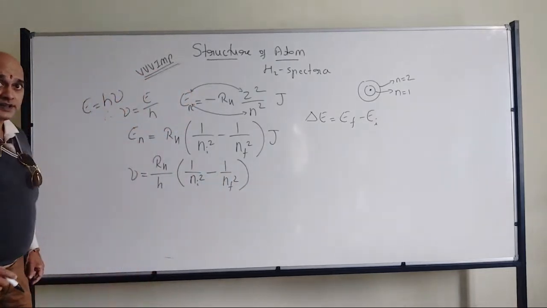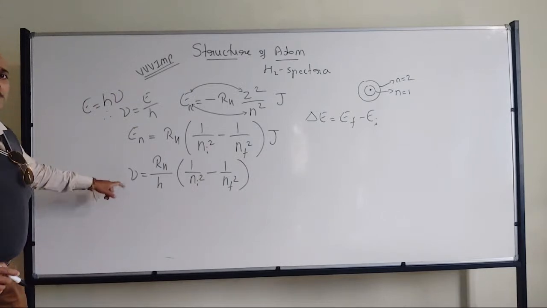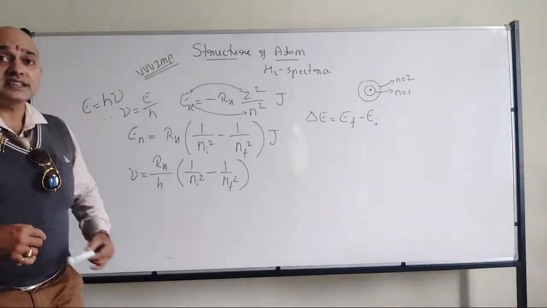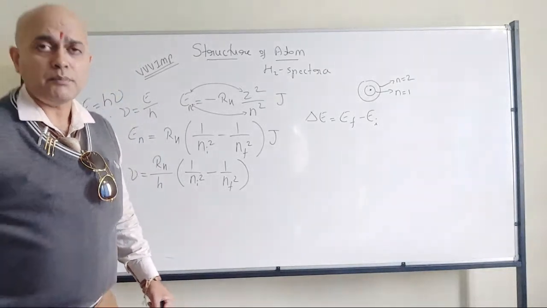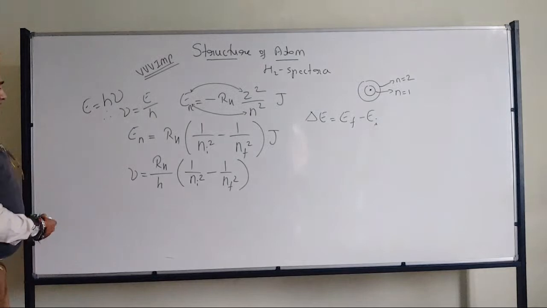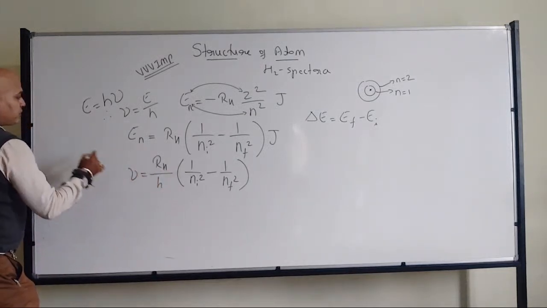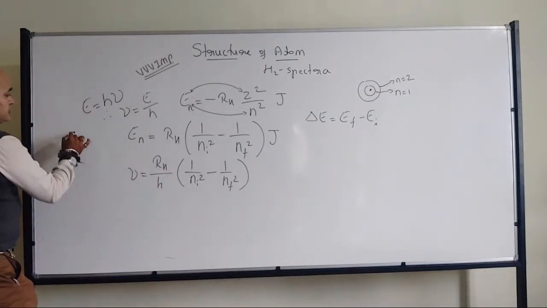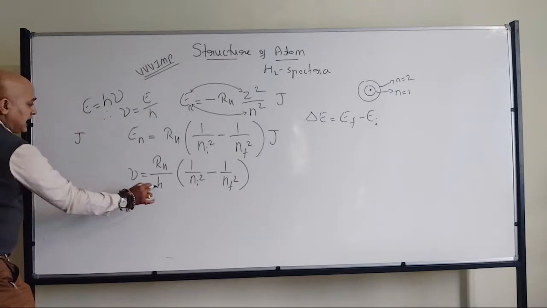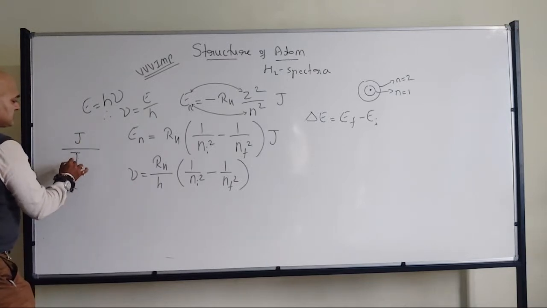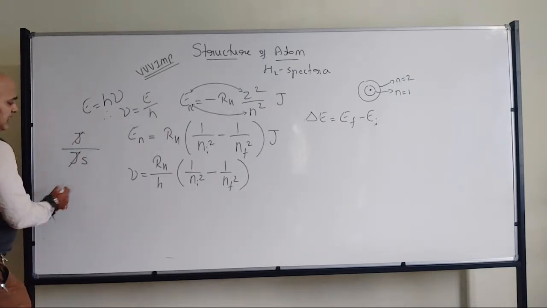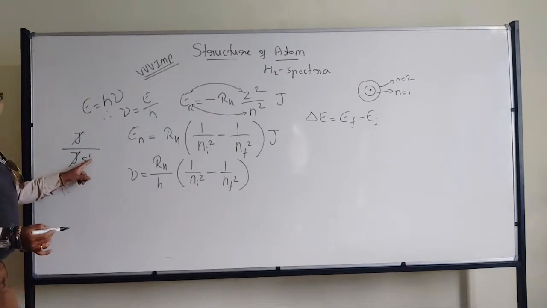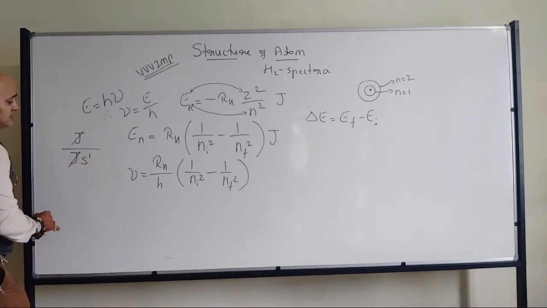Now the unit. Since we are talking about frequency, frequency is nothing but number of cycles per second. So the same thing we can prove here also. RH unit is joule, and Planck's constant unit is joule second. Now joule will get cancelled. Since here it is second to the power of 1, which we are not going to represent, we write it only as second.